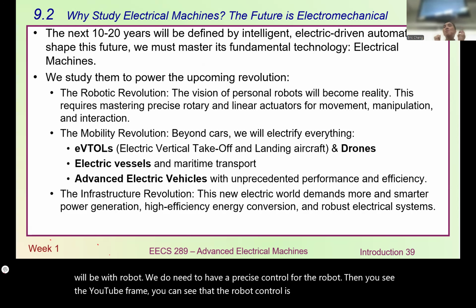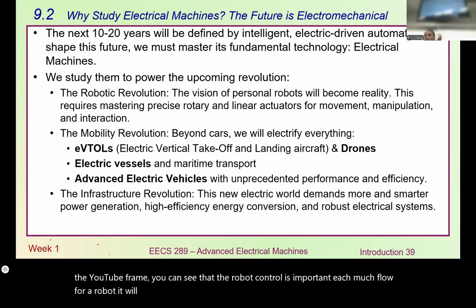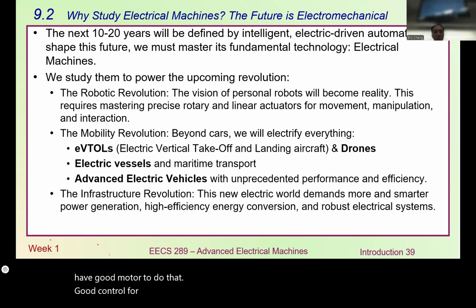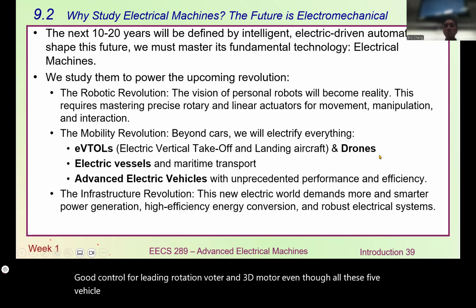Each muscle of the robot needs to be controlled: the arm, the limb movement, how to move. We need precise control, so we need good motors to do that, with good control for linear motors, rotation motors, and 3D motors.